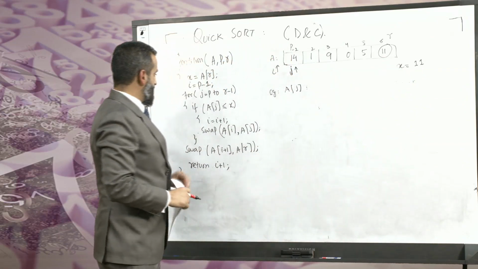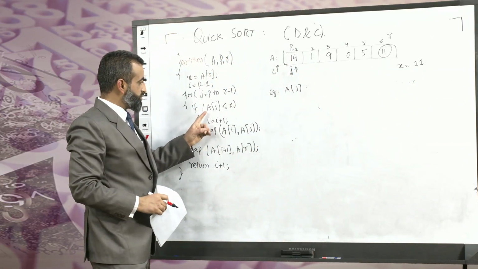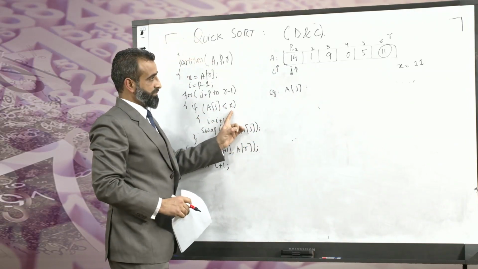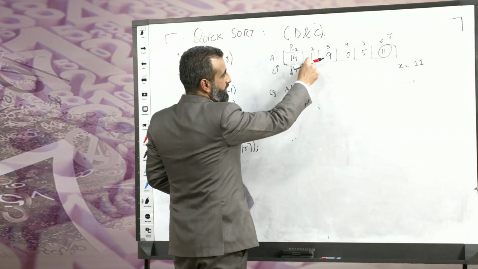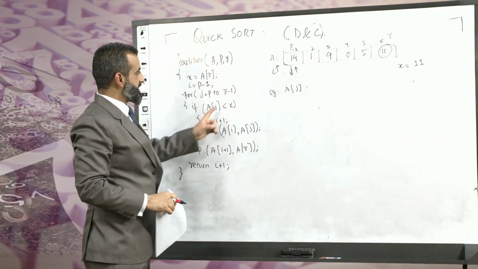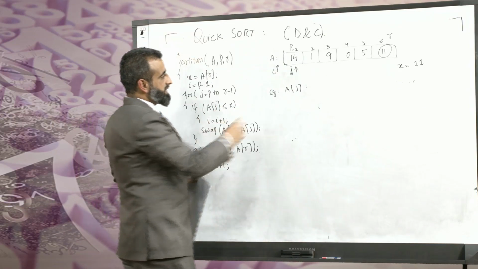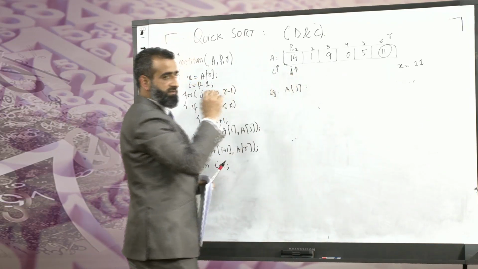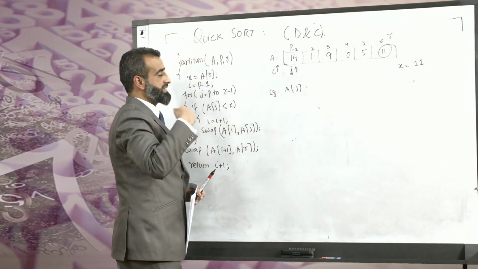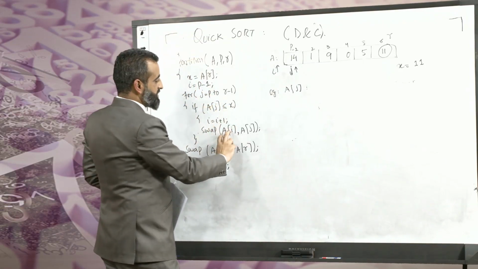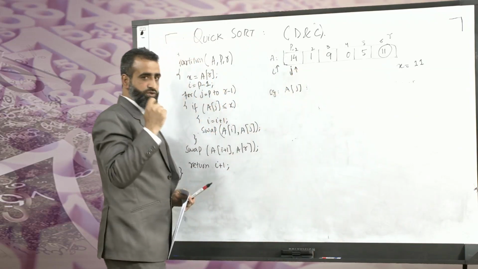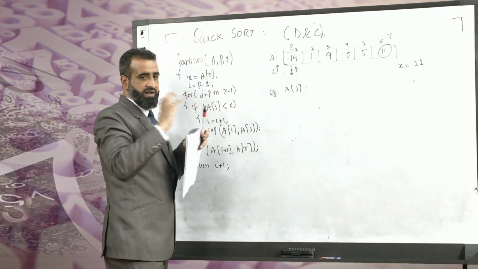Now if we find that the element J is pointing to is lesser than X, any element, say 1 in this case, or a 0 or a 5, then we will increment our I index. So I will be incremented by 1 to point to the next location, to the next element, and then we will swap the two elements, A of I and A of J. Whatever I and J are pointing towards, we will make a swap between A of I and A of J.